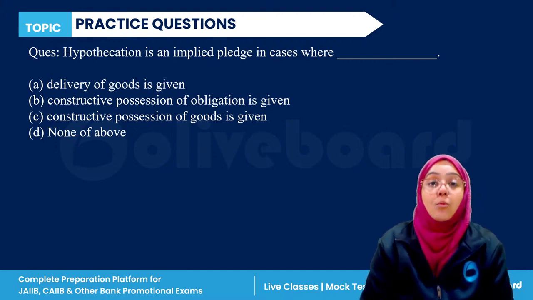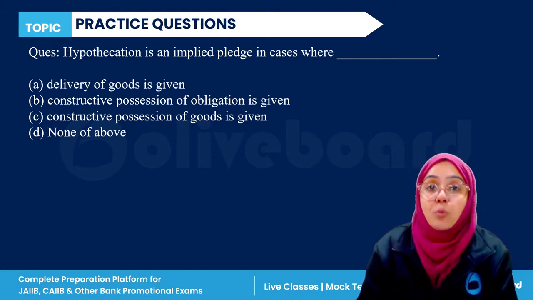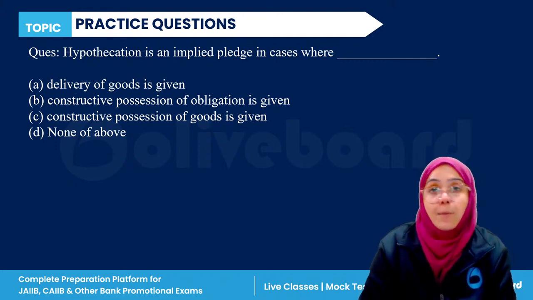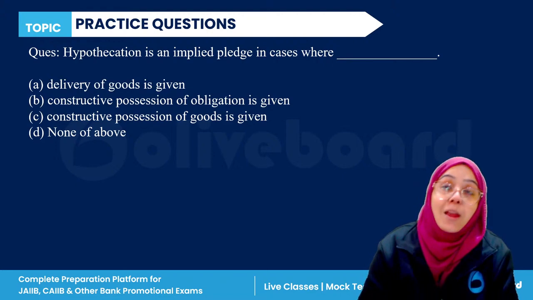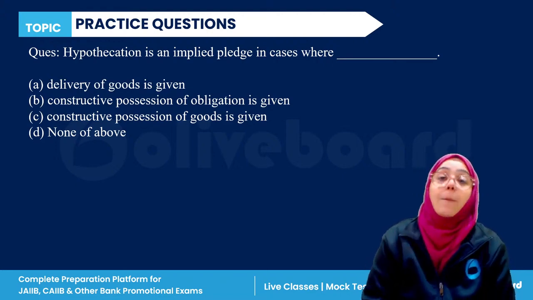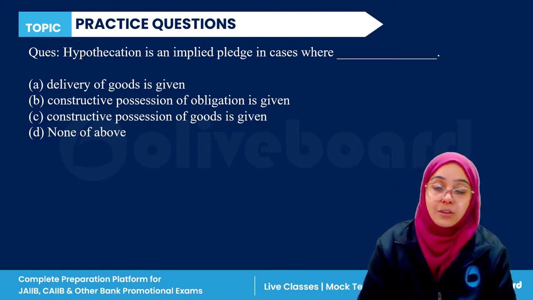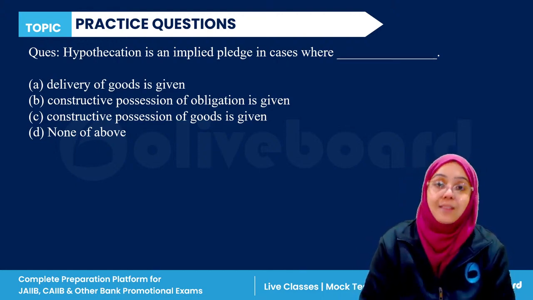Mortgage is related to immovable property, whereas hypothecation is related to movable property. In hypothecation, you don't have to transfer the possession of the goods. You can give the constructive possession of the goods. It means that you can just deposit your papers to the bank and then borrow the loan. That is hypothecation.